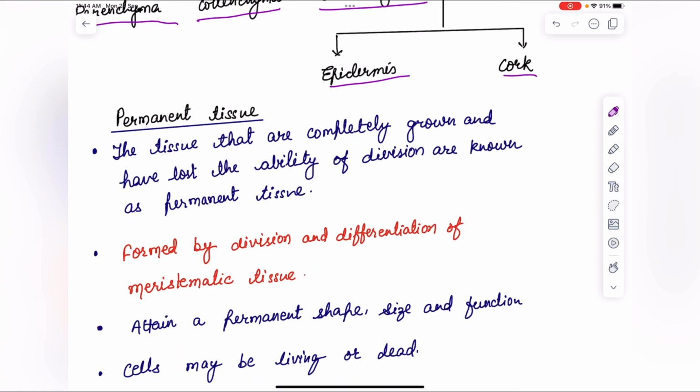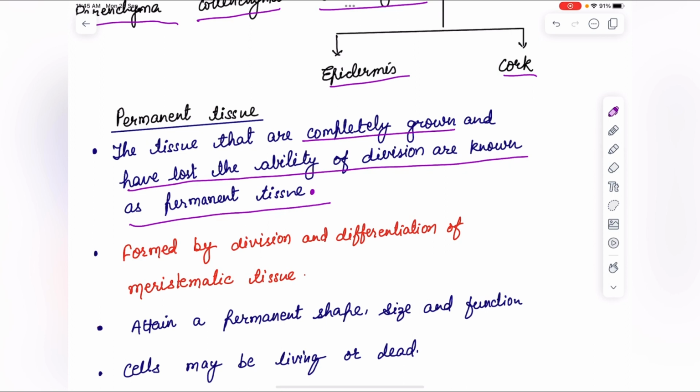Permanent tissues are the tissues that are completely grown and have lost the ability of division. When, after division, meristematic tissues have grown up and matured, no cell division will take place and they become permanent tissue, formed by the division and differentiation of meristematic tissue.